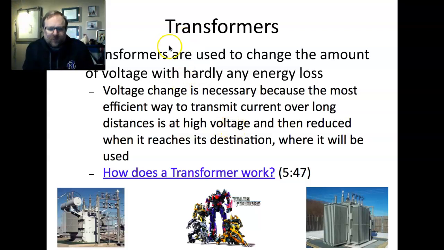Okay, so transformers are used to change the amount of voltage with hardly any energy loss. Voltage change is necessary because the most efficient way to transmit current over long distances is at high voltage and then reduce it down when it gets to its destination.